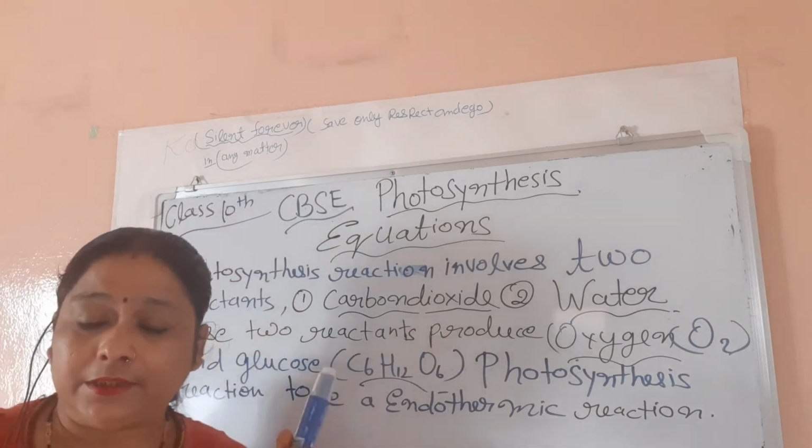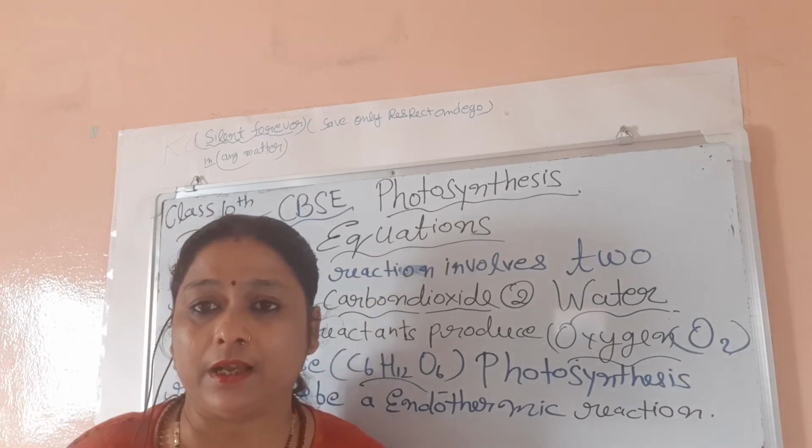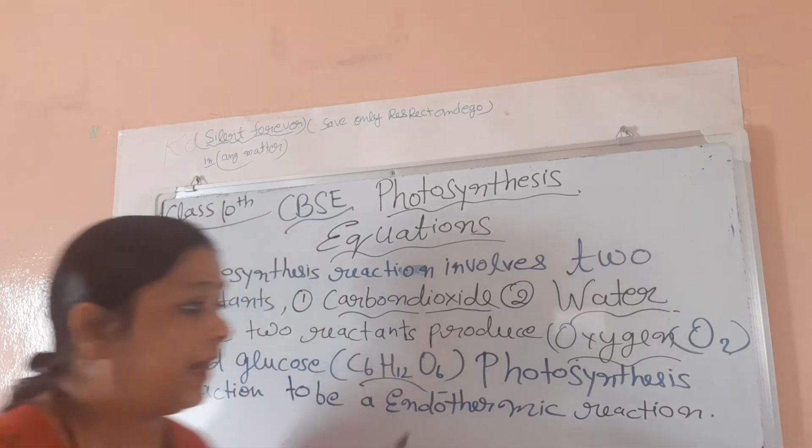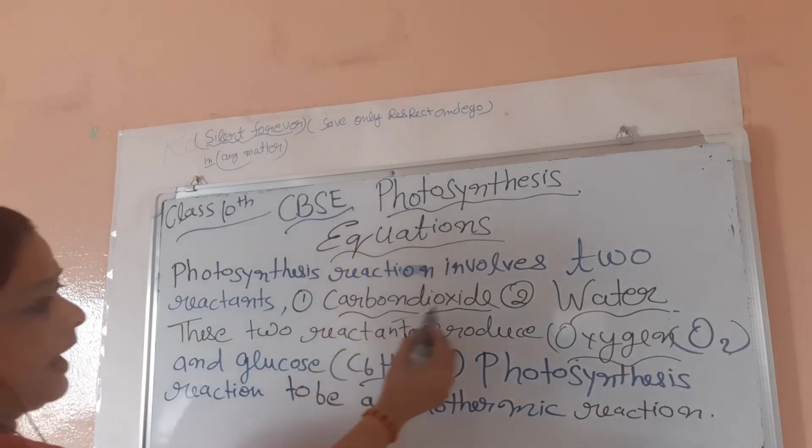In this photosynthesis equation, the two reactants are carbon dioxide and water.